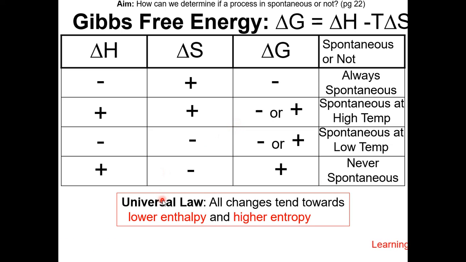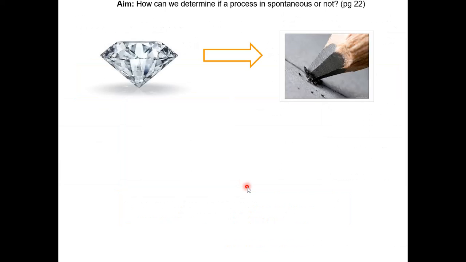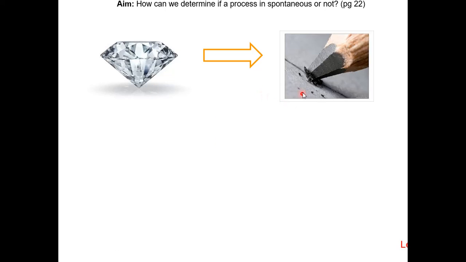If you recall, the universal law states that all changes tend towards lower enthalpy and higher entropy. It is describing the first scenario, when delta G is negative and is always spontaneous. Here's a real-life example. Diamond will eventually become graphite because delta G is negative.